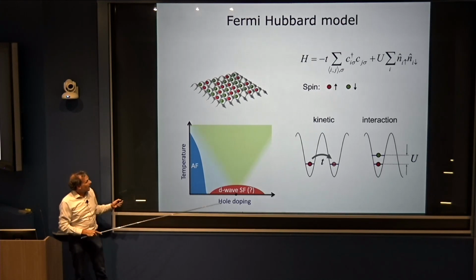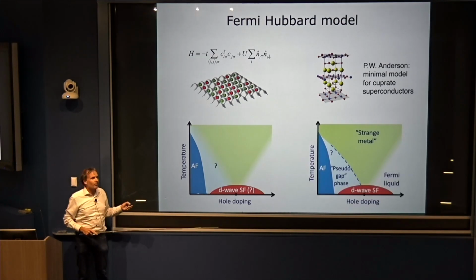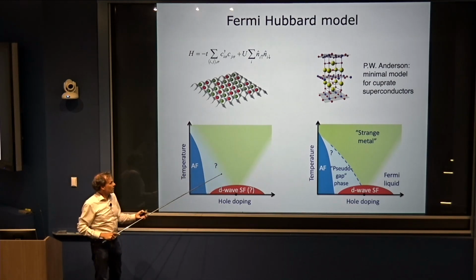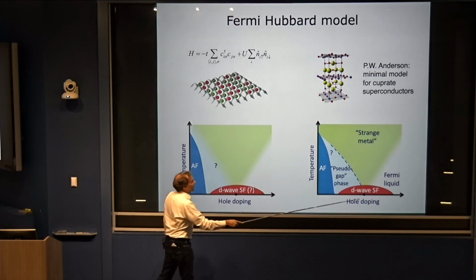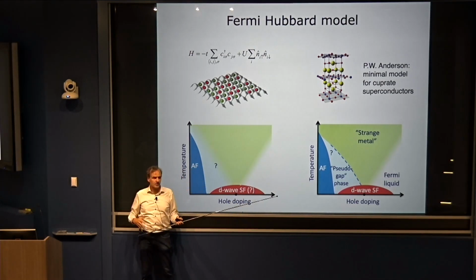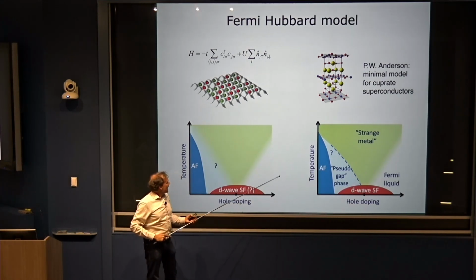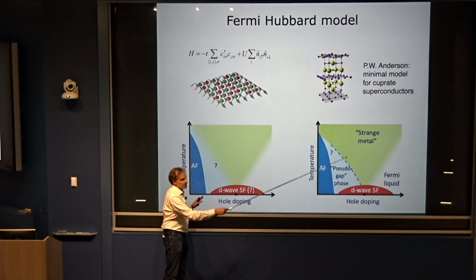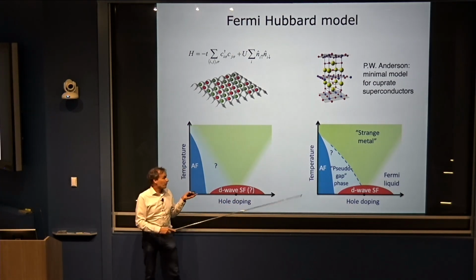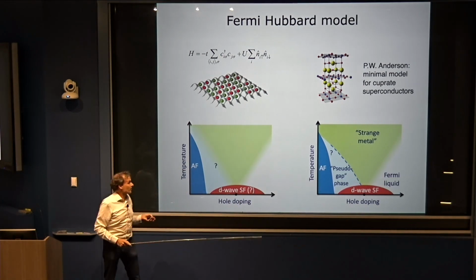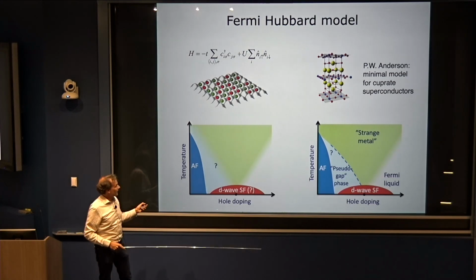This is what the phase diagram is believed to be, but it's partly inferred from what is known from high temperature superconductivity, because this is a toy model that may explain high temperature superconductors. It is believed that this model probably already has phases like the pseudogap phase and the strange metal phase and so on. But from these names, you can tell that these things really aren't particularly well understood on a microscopic level.